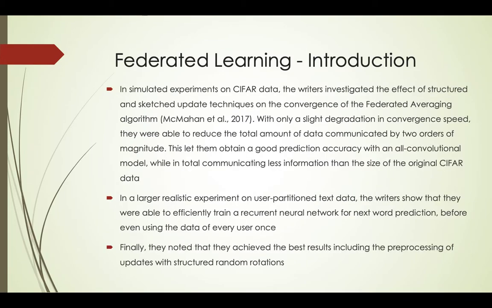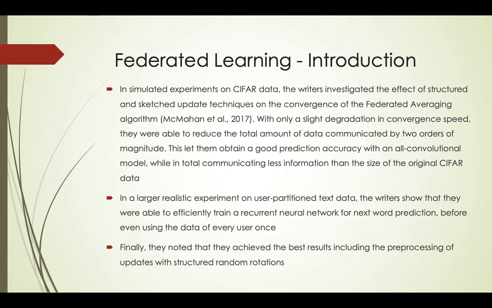In simulated experiments on CIFAR data, the writers investigated the effect of structured and sketched update techniques on the convergence of the federated averaging algorithm, with only a slight degrading in convergence speed.